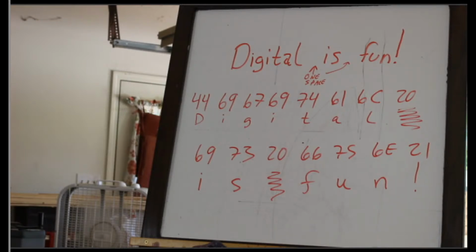Let me type that out here. 0, 0, 0 through 1, 1, 1 as 0 through 7, and the side rows 0, 0, 0, 0 through 1, 1, 1, 1 as 0 through F. Okay.